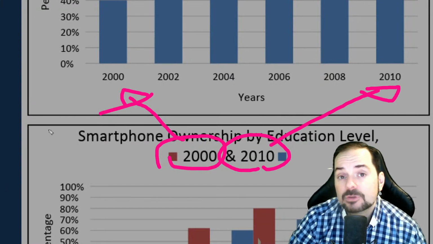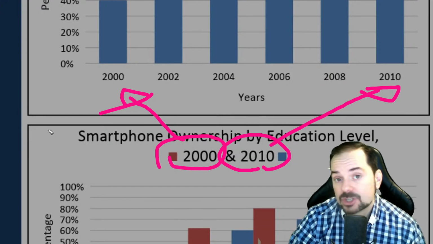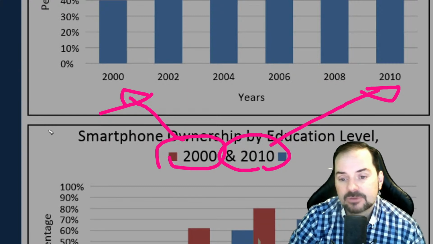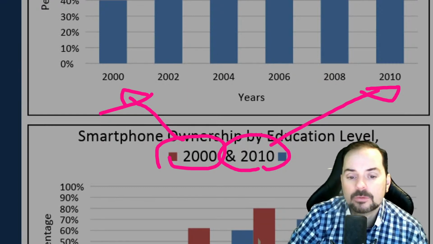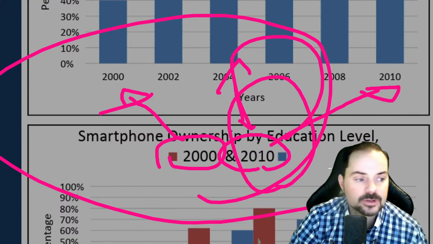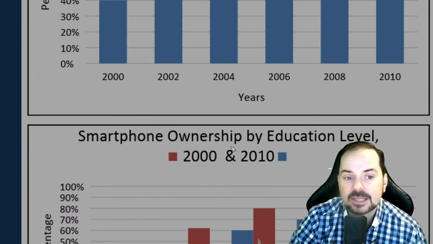Students, when you have two graphs, you have to make a connection between the two graphs. They will never give you two disconnected graphs that have nothing in common. So these two graphs are definitely strongly connected with each other. They are linked to each other. So you have to be able to explain that linkage.